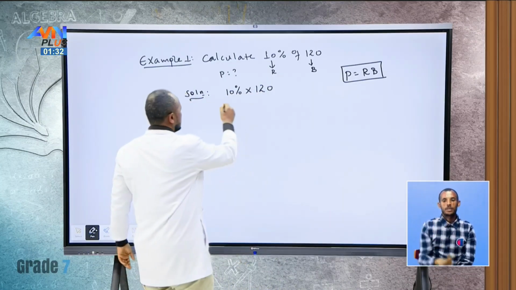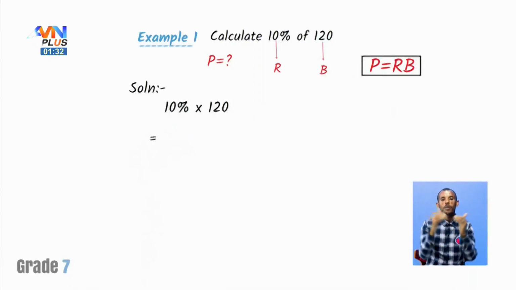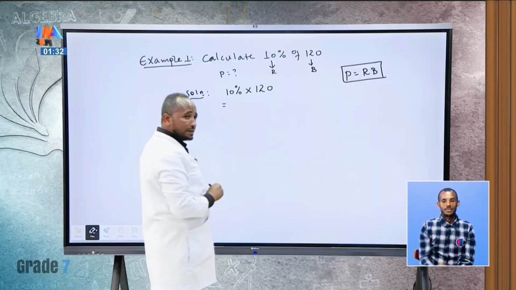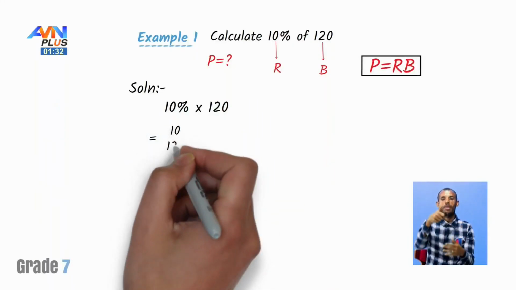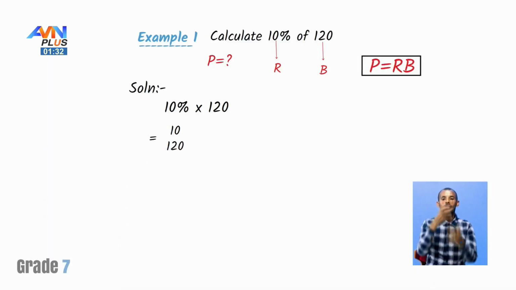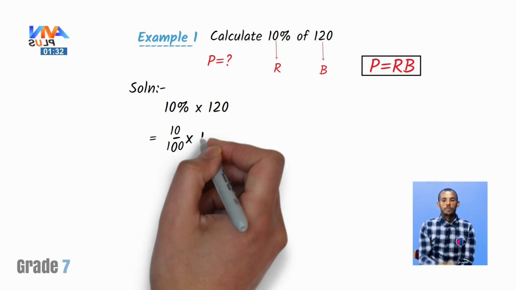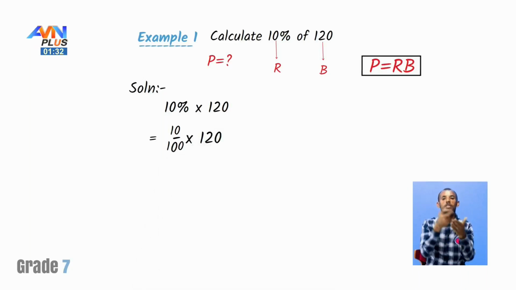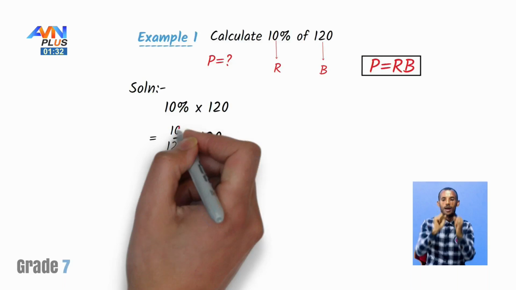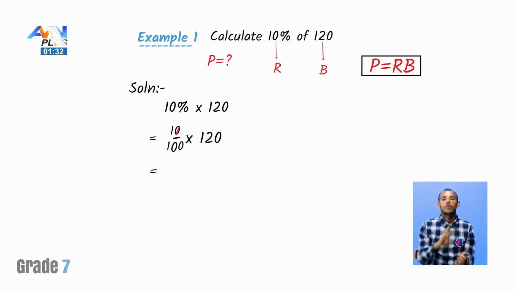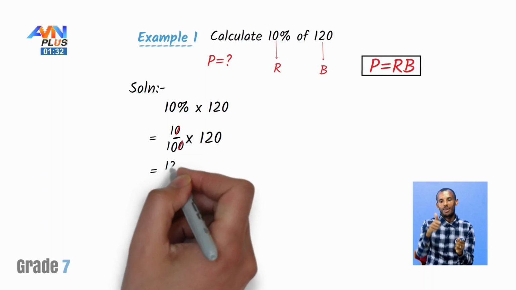Therefore, this is equal to 10%. When we write this in fraction form, it is 10 out of 100 times 120. We can simplify this by dividing both by 10, or by cancelling 0.